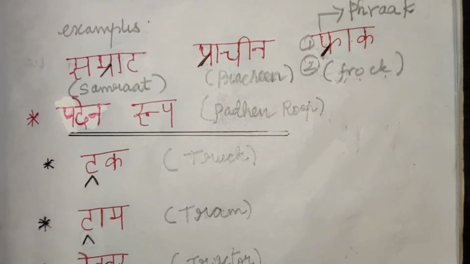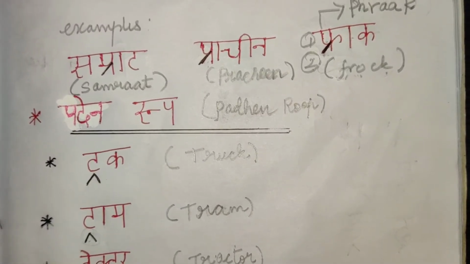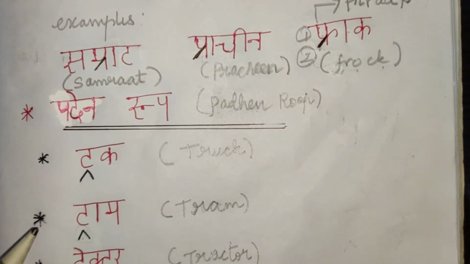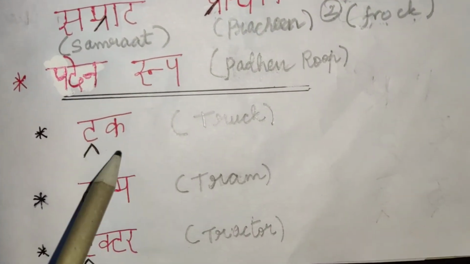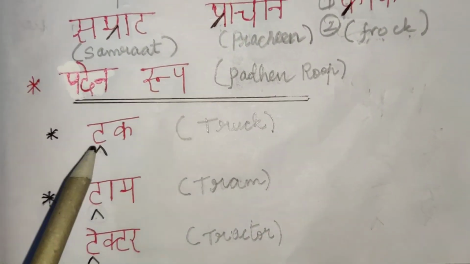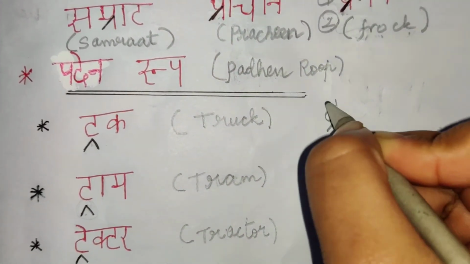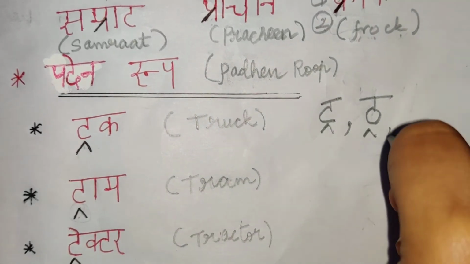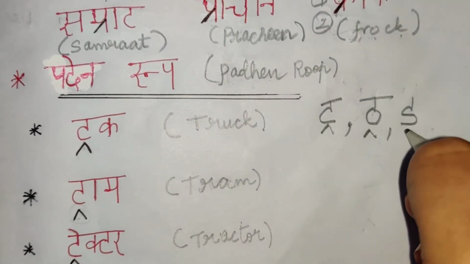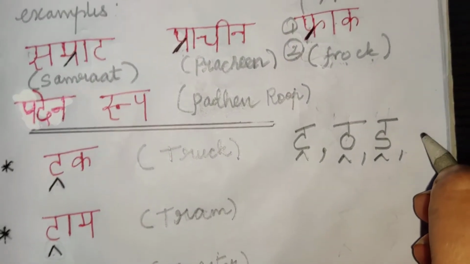If you understand the sound, it will be easy to translate any letters. And for Paden Roop, as I told, two slanting lines will be joined like an inverted greater symbol. So how do we know that one? This is truck. For ta we write like this, and for the second ta we write like this, and for da we write like this, and for the second da also like this.